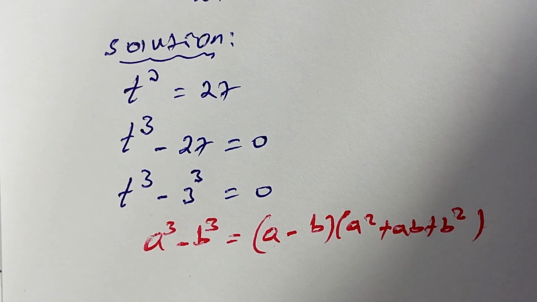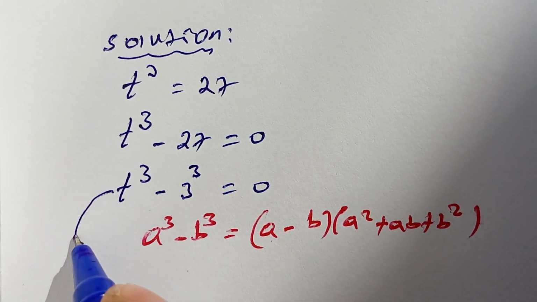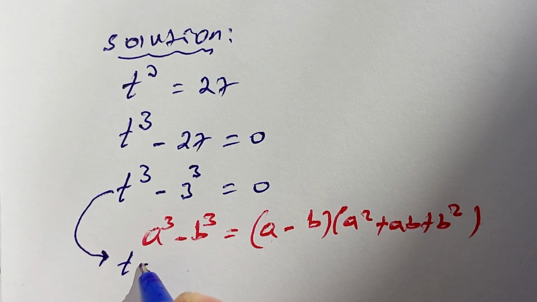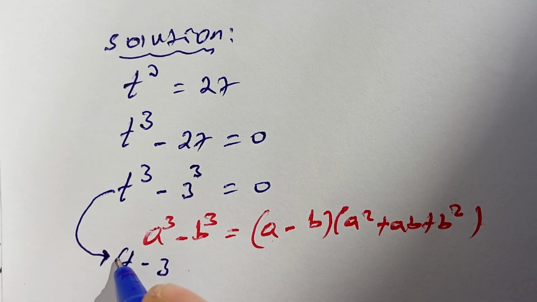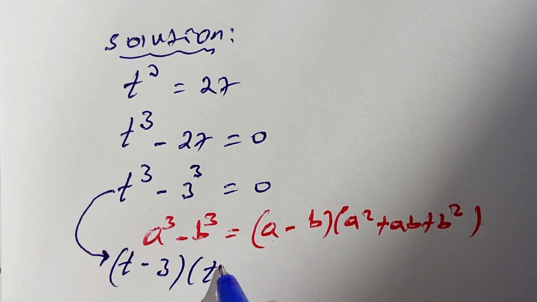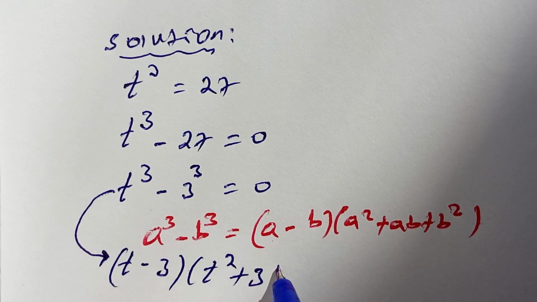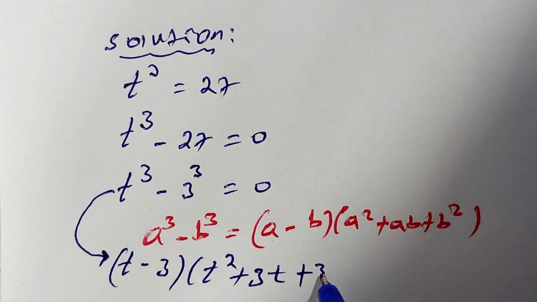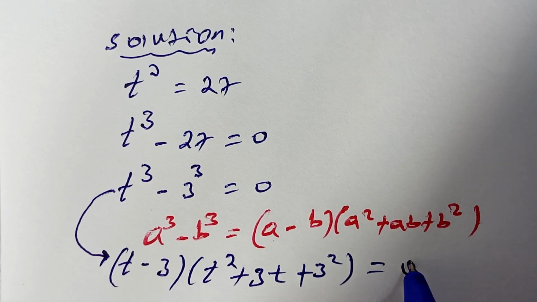So using this formula, this is solved: t minus 3 times t squared plus 3 times t plus b squared, which means 3 squared, is equal to 0.